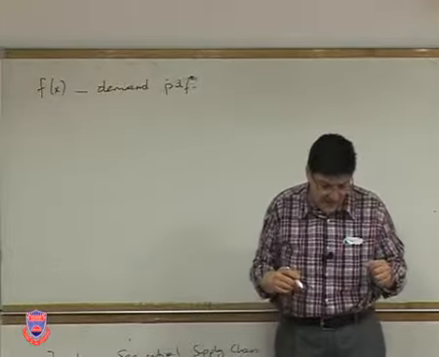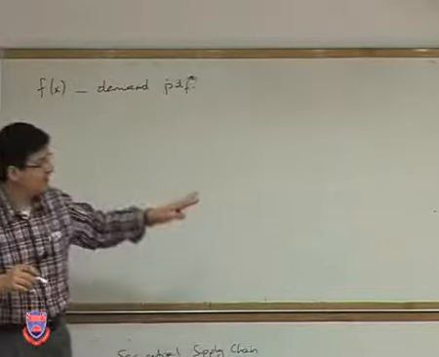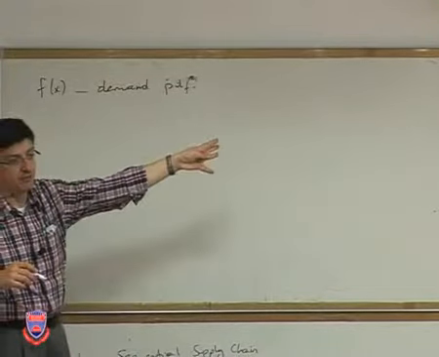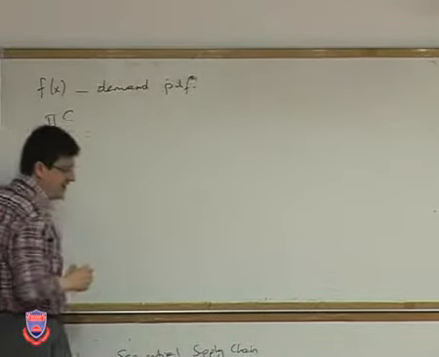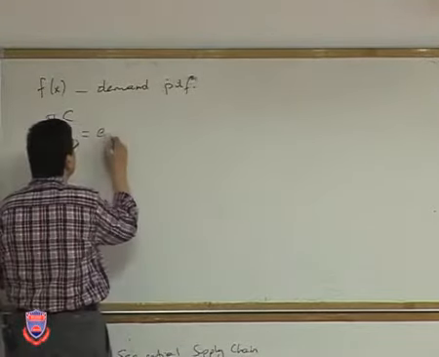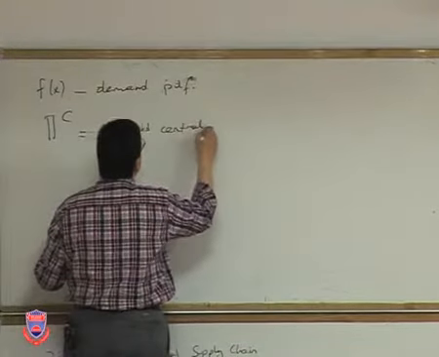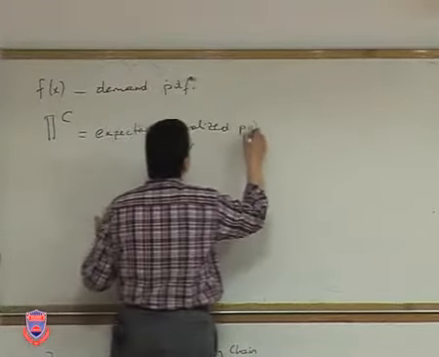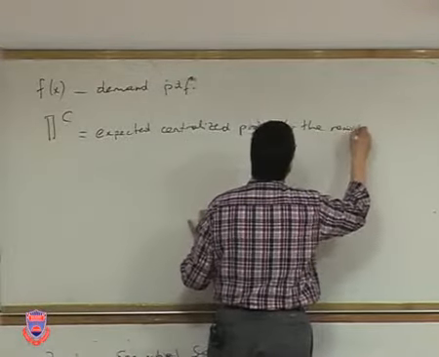And of course, now we are going to have the newsvendor problem. So let me call pi of C the expected centralized profit for the newsvendor problem.